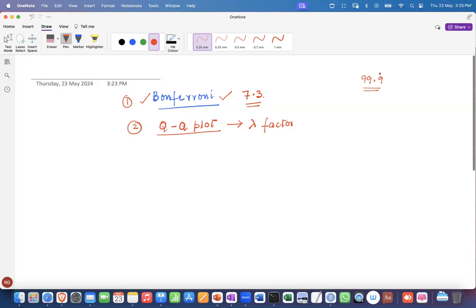Quantiles can be in terms of percentiles or any other number. Percentile is dividing all the different observations into 100 equal parts.